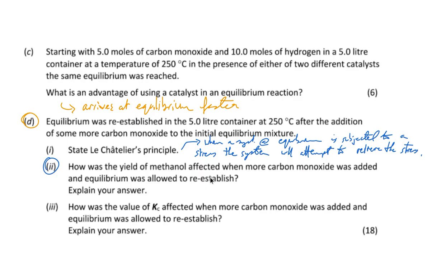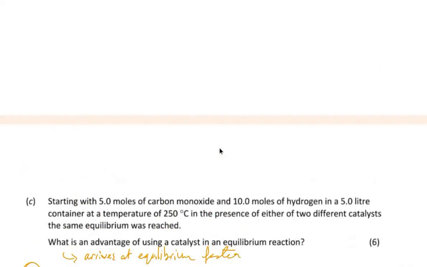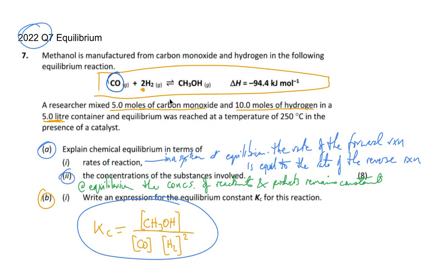Part 2. How is the yield of methanol affected when more carbon monoxide was added and the equilibrium was allowed to re-establish? So more carbon monoxide, let's have a look at that. Back to the equation. So what happens if more carbon monoxide is added? Well, you have to identify the stress. The change is the stress. So the change is there's more carbon monoxide added. So what can this system do to relieve that stress?